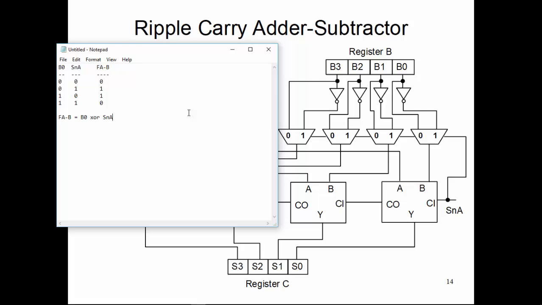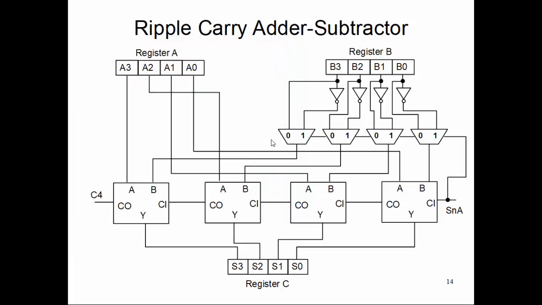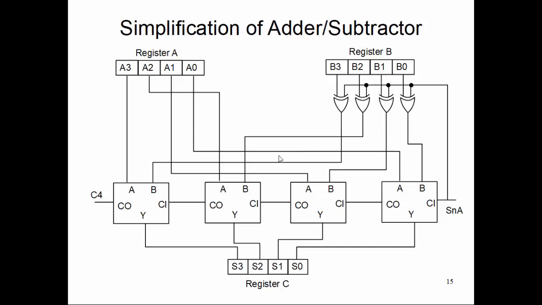That means we can simplify the whole circuit like this. We deploy a bunch of XOR gates, like 4 XOR gates in this context, and one of the inputs for all the XOR gates is your S and A, your mode, and the other input is their individual bits from that register B, and the output of the XOR is fed into the B port of all these full adders of this ripple carry adder circuit.